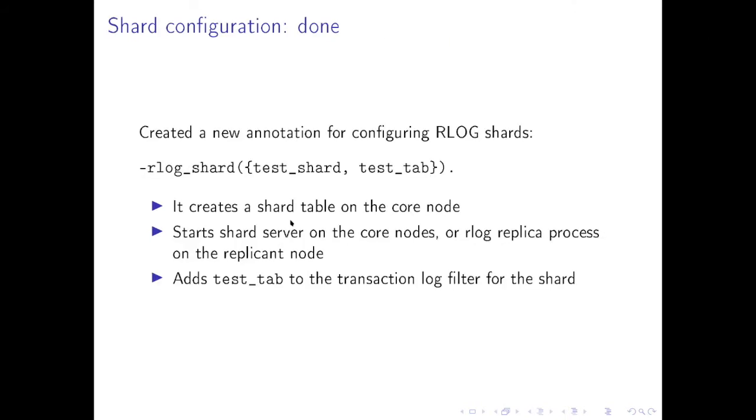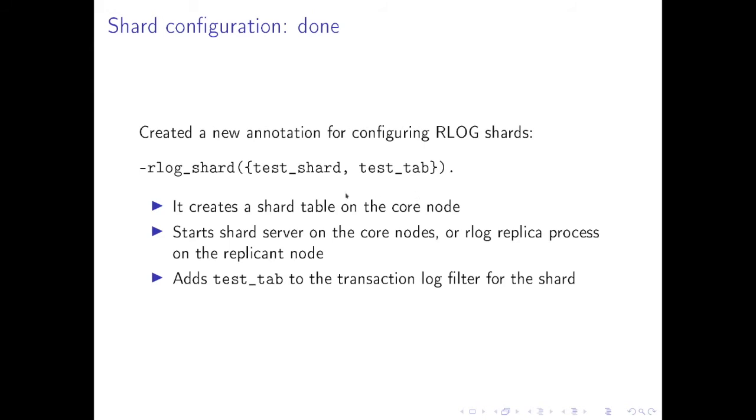Another big thing is that now shard configuration is done using the same kind of annotation that EKKA uses to configure tables. So if you add the following annotation to the module, during startup, EKKA will look for this annotation.